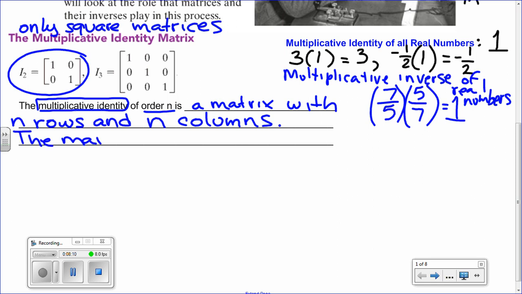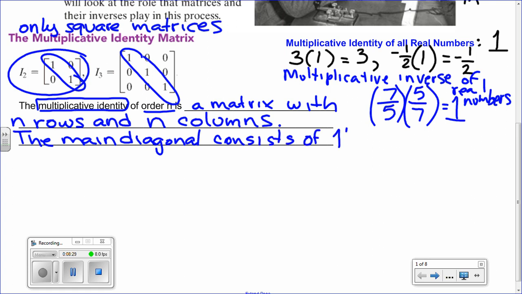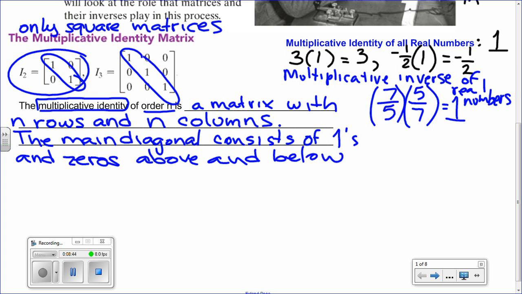The main diagonal, which is this one here, from the top left corner to the bottom right corner, consists of ones and zeros above and below, or elsewhere.